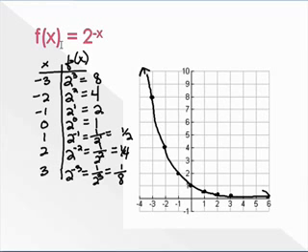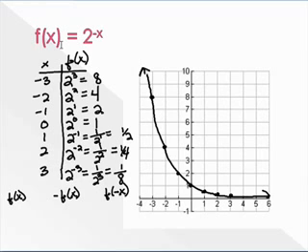Before, when we talked about functions, we said if we have a function f of x and I put a negative in front of it, that would be a reflection in the x-axis. Whereas if I put a negative in for the x, that would be a reflection in the y-axis.